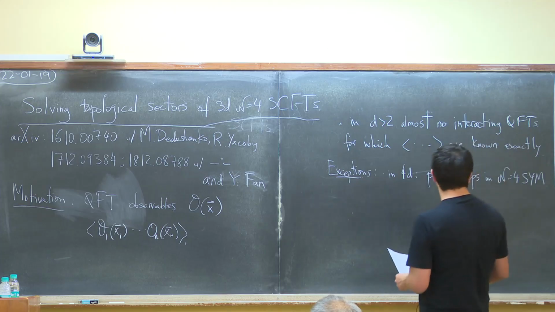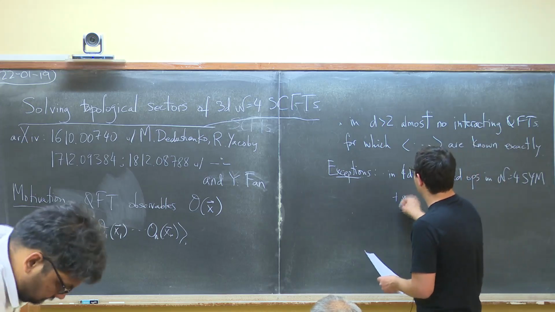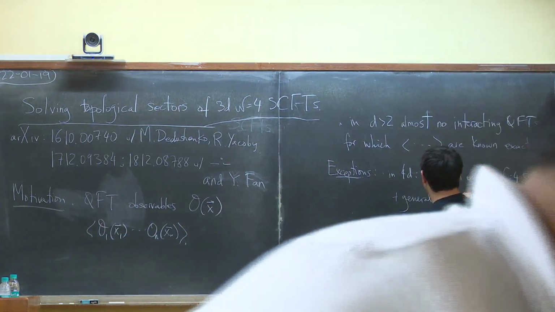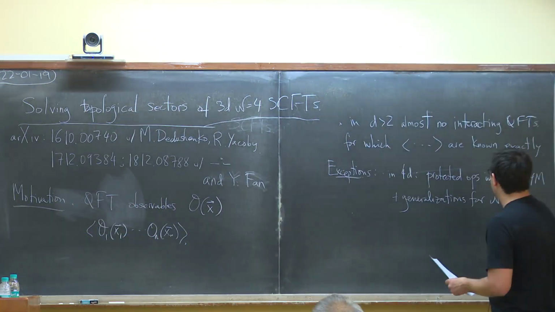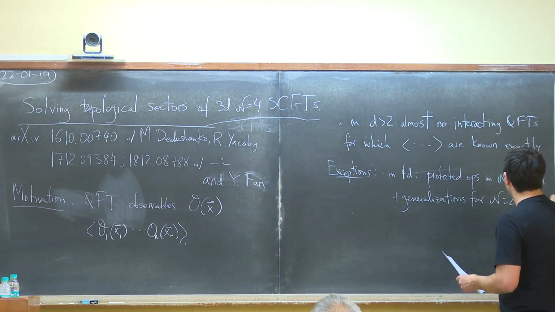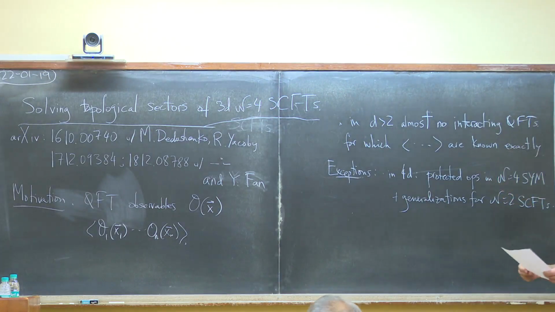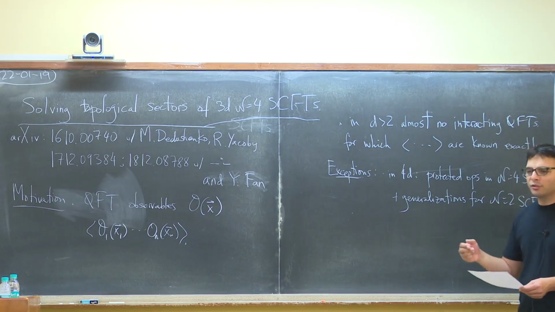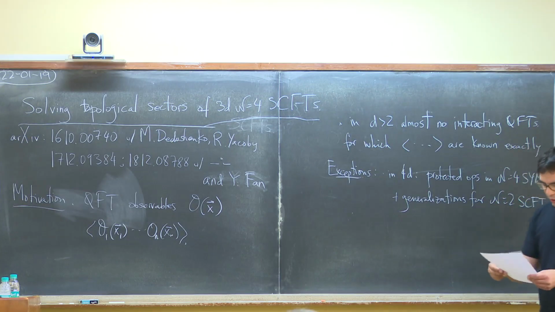And there are also generalizations for N=2 superconformal field theories. This is the chiral algebra story developed by Leonardo Rastelli and collaborators.